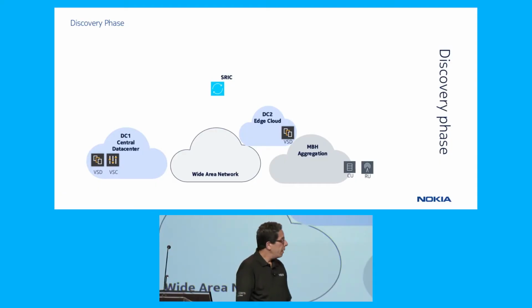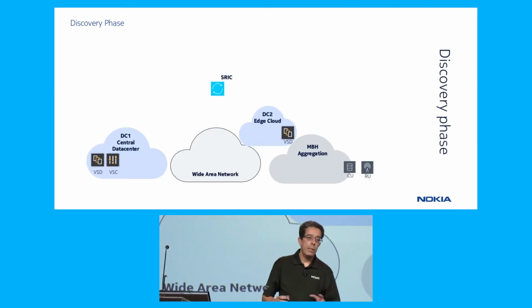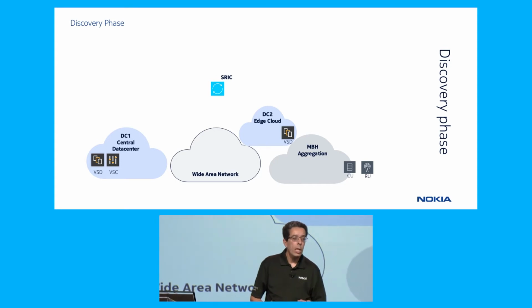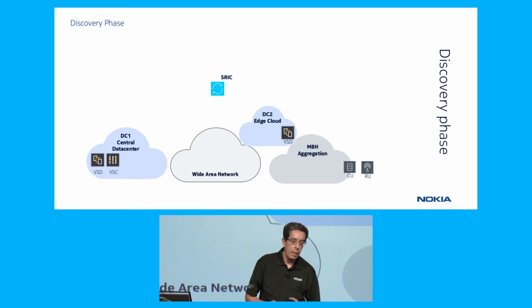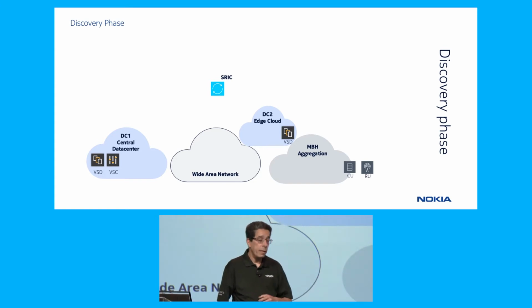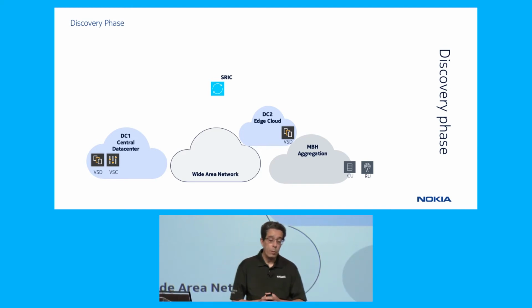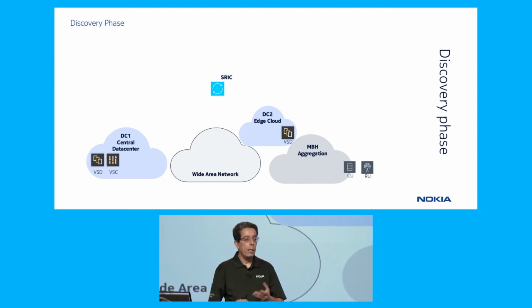What we're going to show in this demo is the automation of the instantiation of a couple of services. One is the enhanced mobile broadband service in the remote data center, DC1 here on the left. And we're going to show also a service in the distributed edge computing data center, DC2, for the ultra-reliable and low-latency communication service.